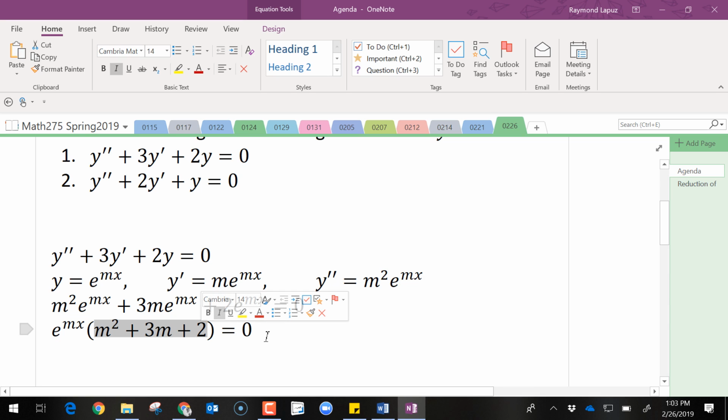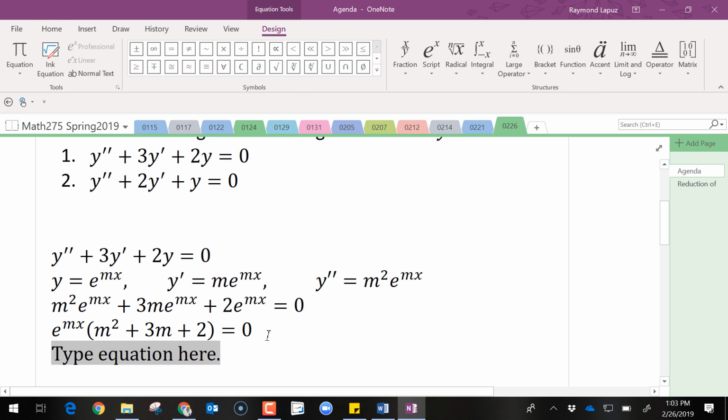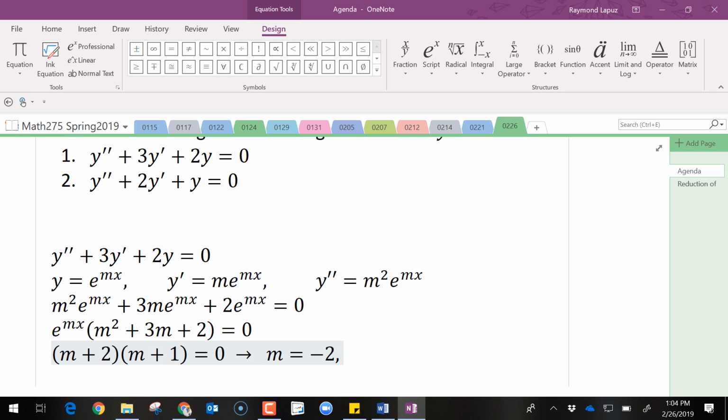And how would we solve for that? Just factor, can't we? m plus 2, m plus 1 equals 0. So m equals -2 and -1.